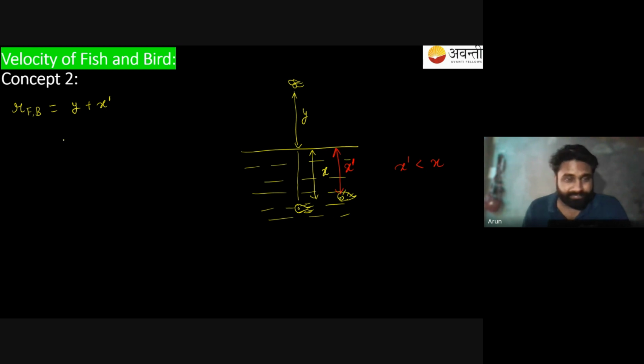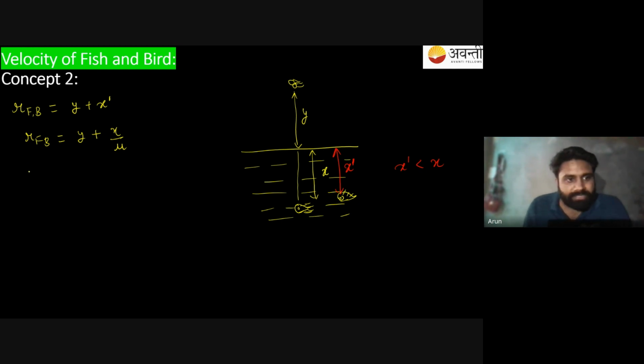So the relative position of fish with respect to bird is y plus x dash, and x dash is nothing but x upon mu, because it reduces mu times. In the previous case it was increasing by mu times, so it reduces mu times.